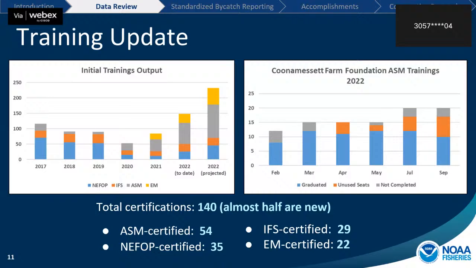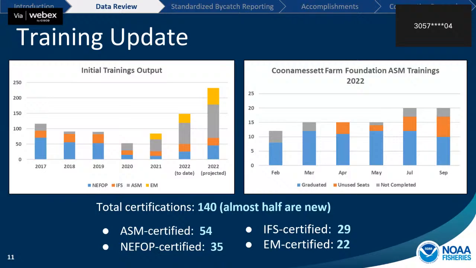So you can see here that there's been an influx in 2020. Our program did shut down from March through August because of COVID, and we were not deploying any observers and not holding any trainings. And then we slowly began to build up the output and volume of trainings we were holding and are continuing that projection. The table on the right shows the Coonamessett Farm at-sea monitoring groundfish training.